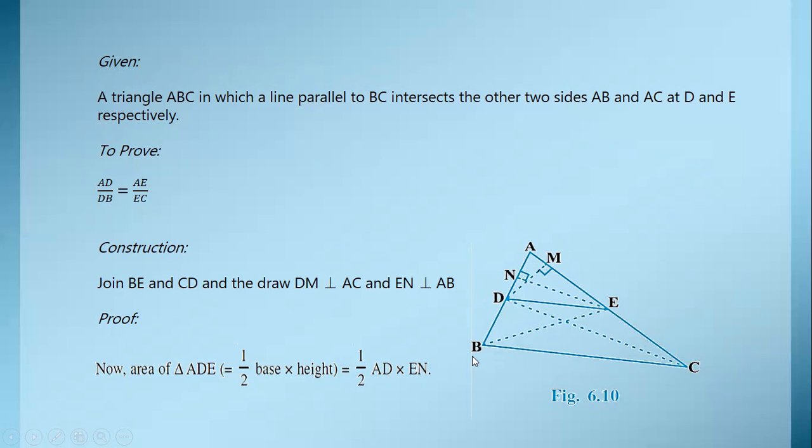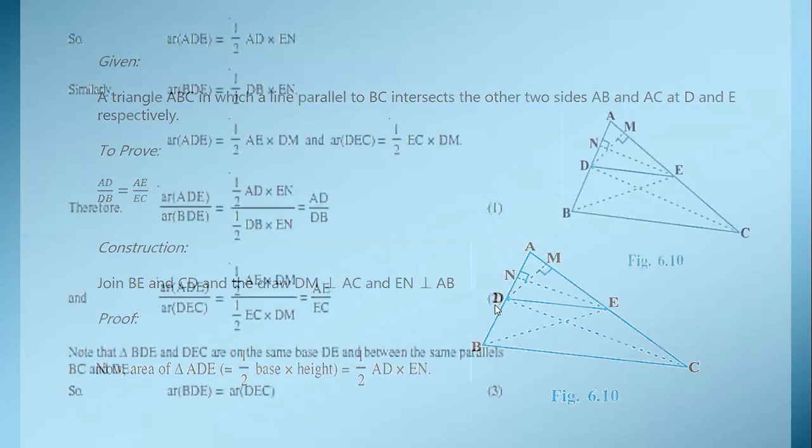Okay. Now, to prove this, first let us consider the area of triangle ADE, which is half base into height. Here we are taking EN to be the height, and the base will be AD. So half AD into EN will be the area of triangle ADE.